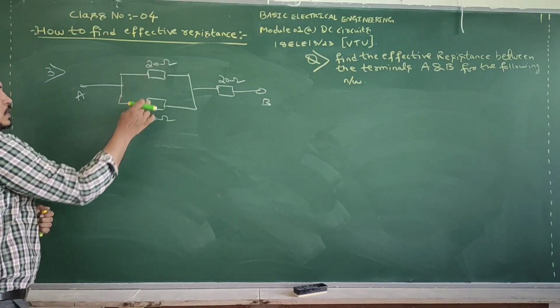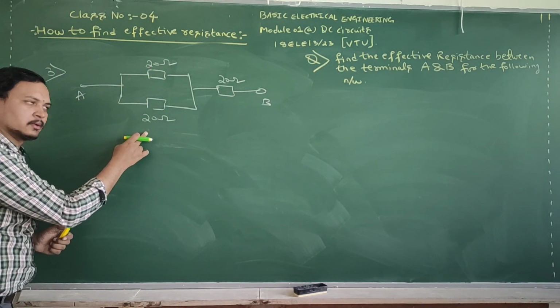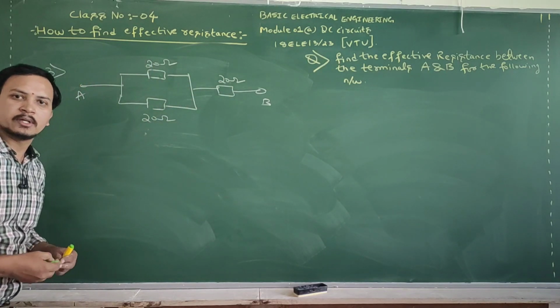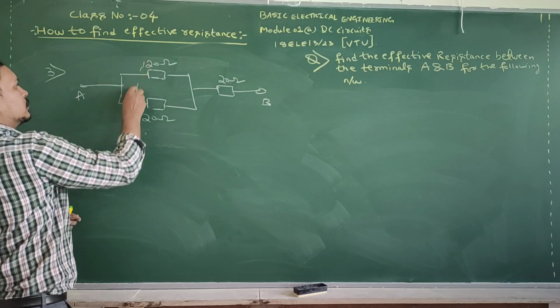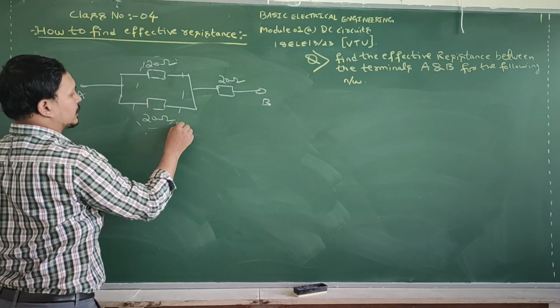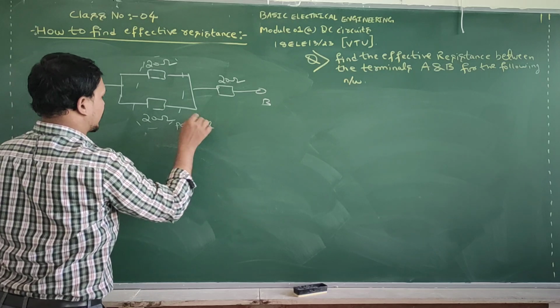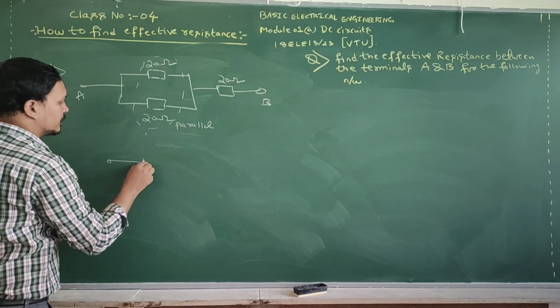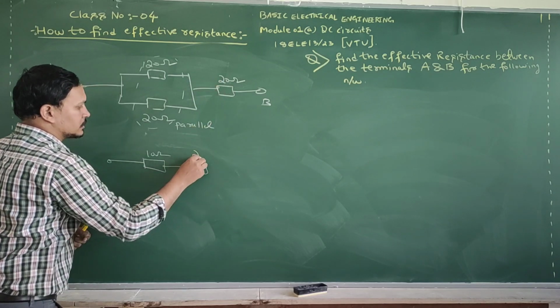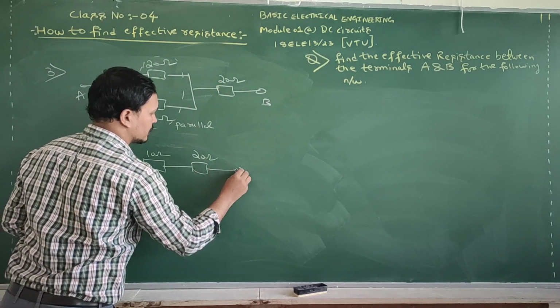Yes, these two are connected in parallel and that answer is in series with the 20 ohm resistance. Very good, your answer is correct, 30 ohms. So these two are connected in parallel, identical elements. Divide by 2, we get 10 ohms. And this one is 20 ohms.